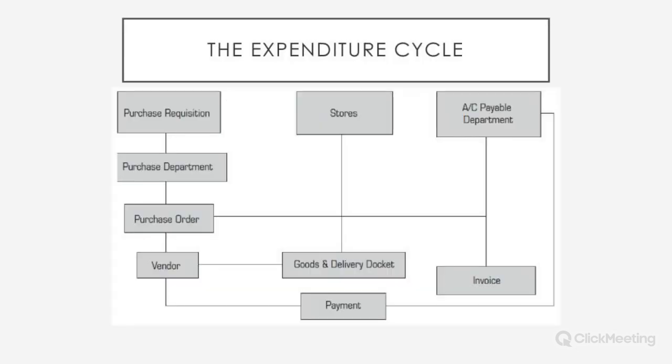This is what the flow of transactions in the expenditure cycle looks like. It starts with a purchase requisition. The purchase department requests a purchase order, and then the vendor is contacted for the items that are required.